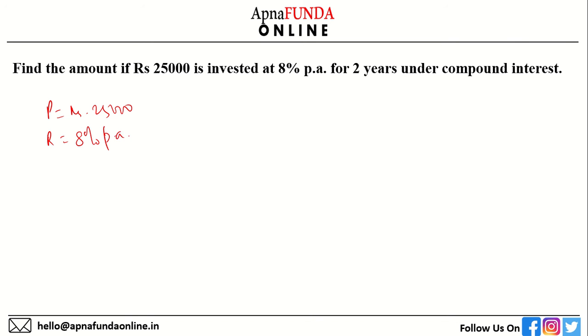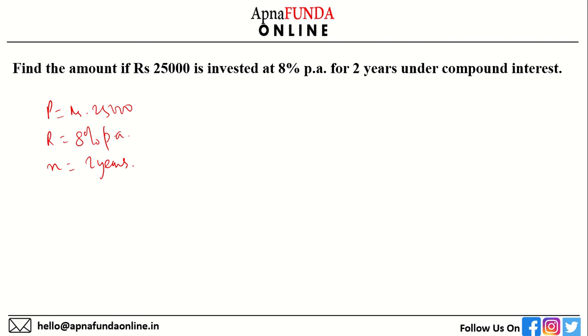It is very important to know, under compound interest, whether we are compounding it half yearly, annually or quarterly. Over here, nothing is said. All that is said is the rate of interest is 8% per annum and it is under compound interest. So we assume it to be annually. The time period, that is N, is equal to 2 years.